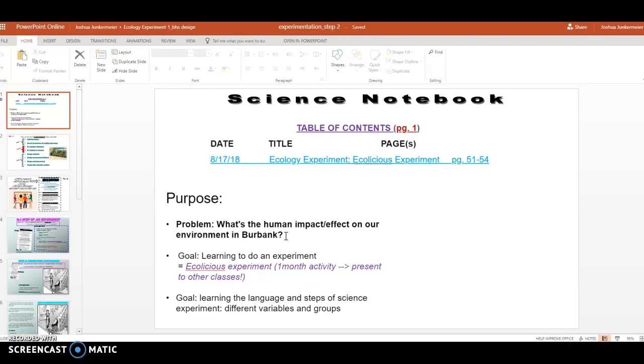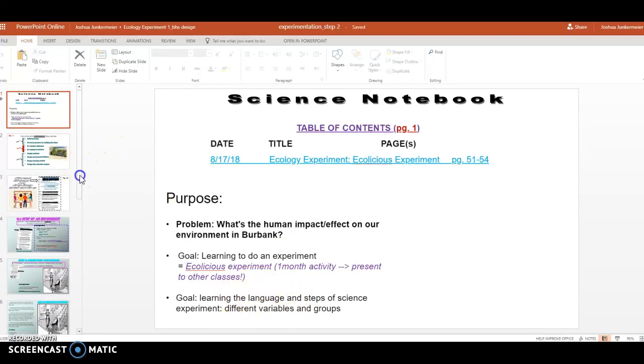How is everything being affected by things that we do potentially? In order to have an answer or a hypothesis for this problem, we're going to do our experiment. Right now, let's pick up where we left off, which was learning the language.